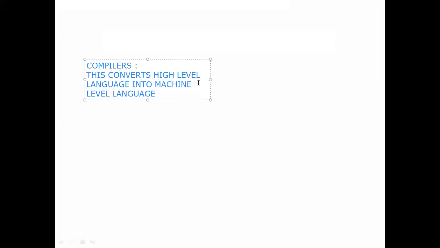This converts high-level language into machine-level language. So what is high level language and what is machine level language?